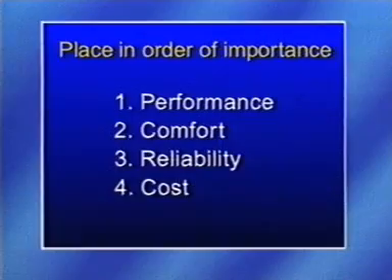Another way GRS can be used is to list options in order of preference. For instance, you could ask the audience to list these items in order of importance when buying a new car. 1, performance, 2, comfort, 3, reliability, 4, cost. So for example, if they thought that comfort was the most important item, they would press button 2 first.